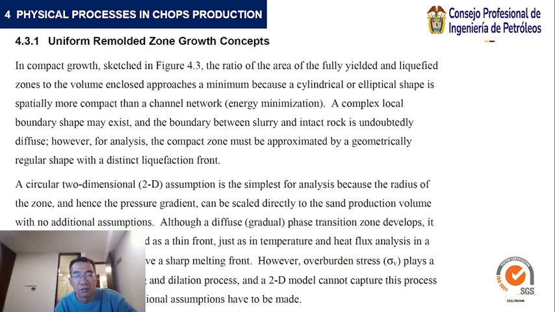However, for analysis, the compact zone must be approximated by a geometrically regular shape with a distinct liquefaction front.